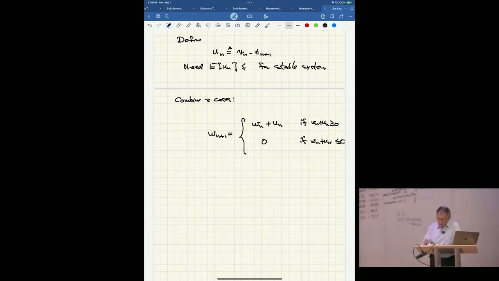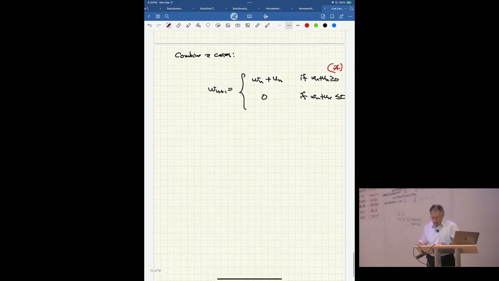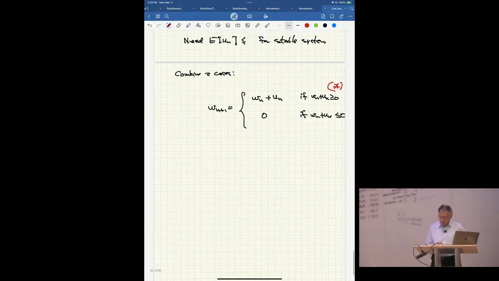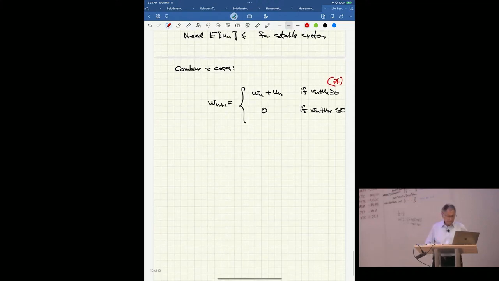And I'm going to give this equation a number. I'm going to call it a single star in red. Those star equations are just temporary notation.